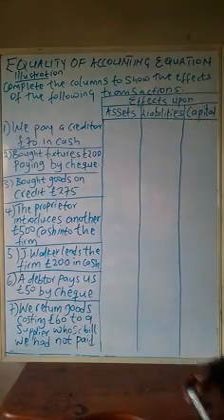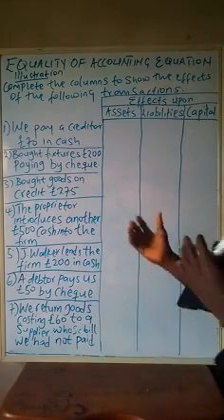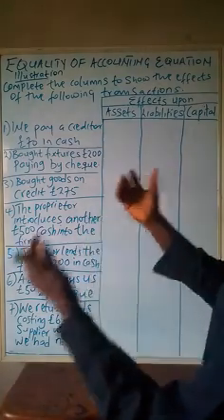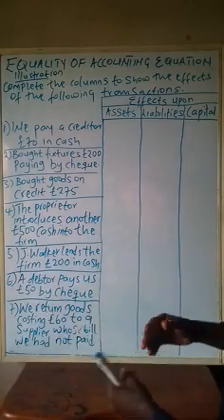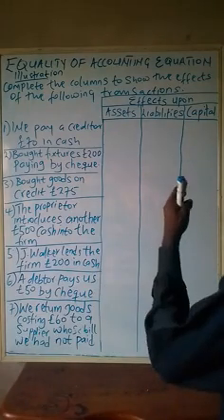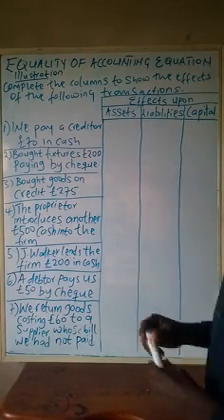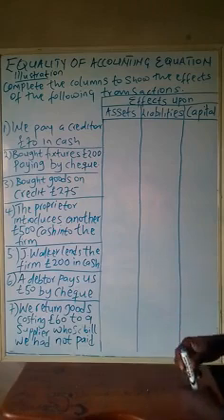Equality of accounting equation is that the assets of a company is equal to liability plus its capital, that is owner's equity.